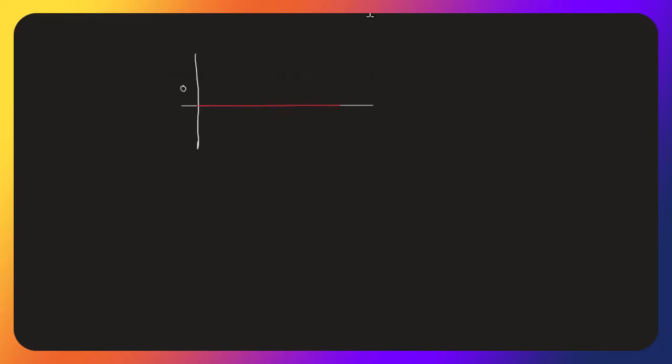So we have our 60-kilogram person at 0 when we start, and our 40-kilogram person at 10 when we start. So this is how we start.